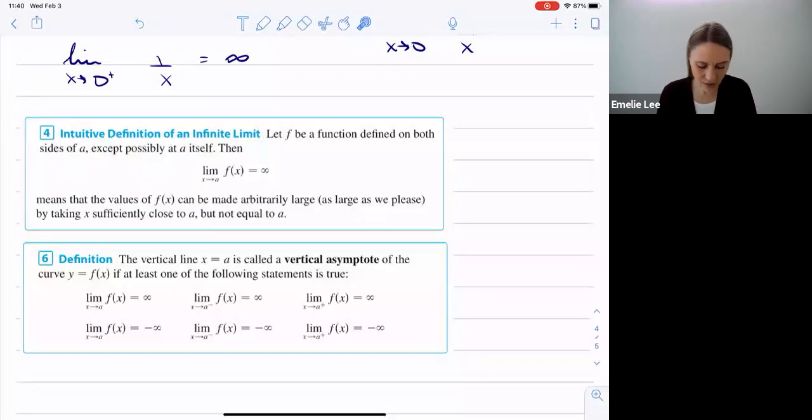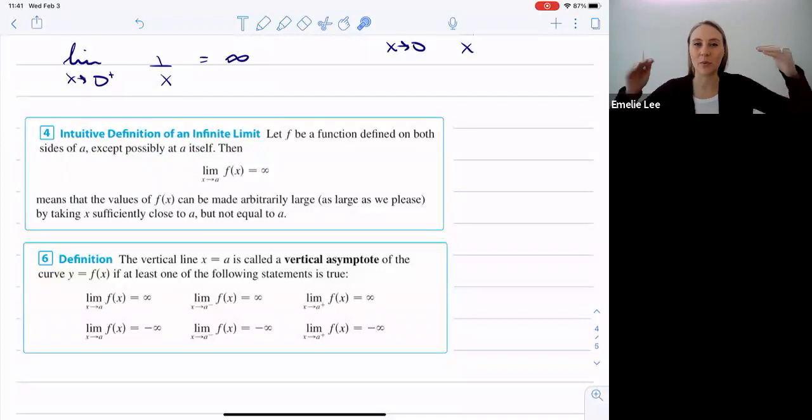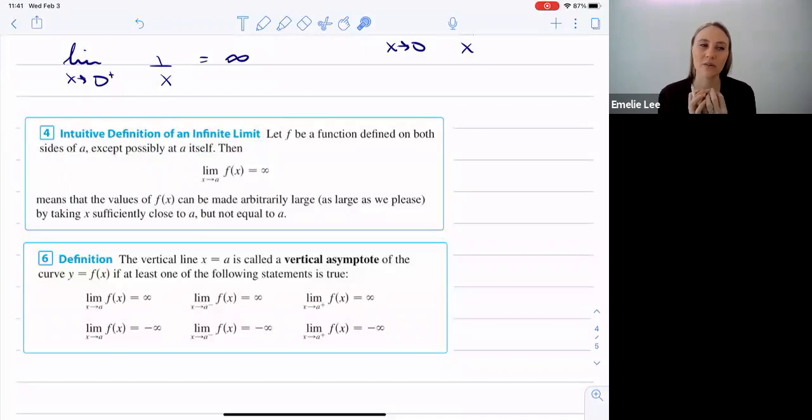So here we're going to talk about the intuitive definition of an infinite limit. If we've got a function and it's defined on both sides of a, so remember 1 over x, for example, it's not necessarily defined at x equals 0, but it's defined everywhere else around x equals 0.